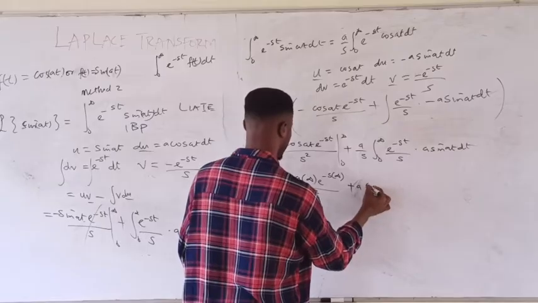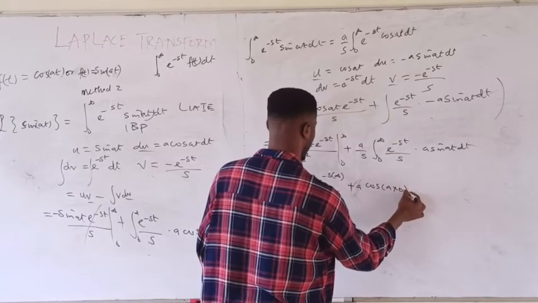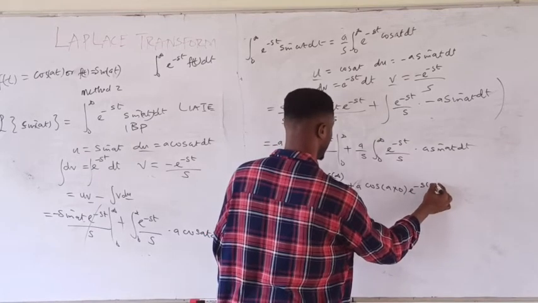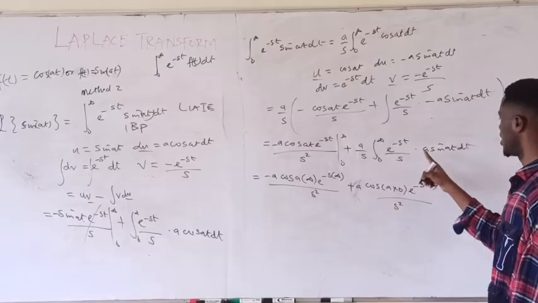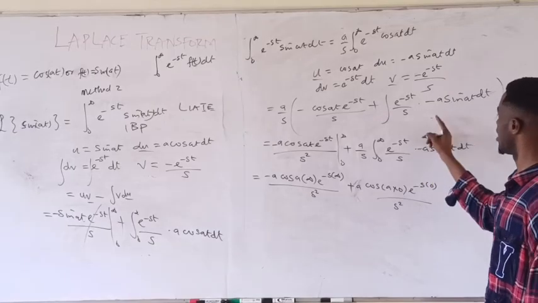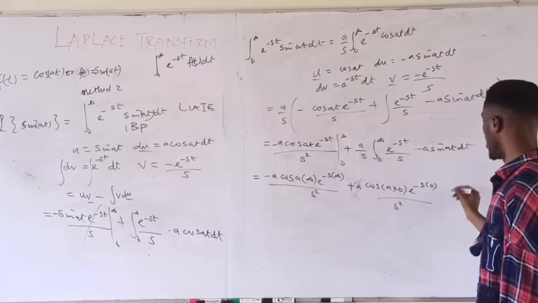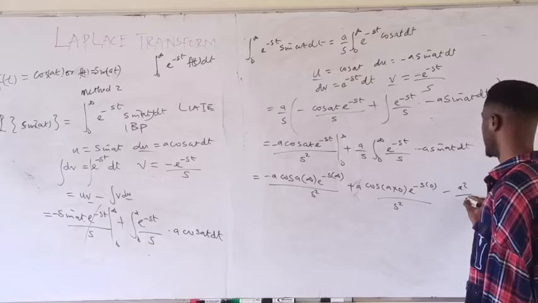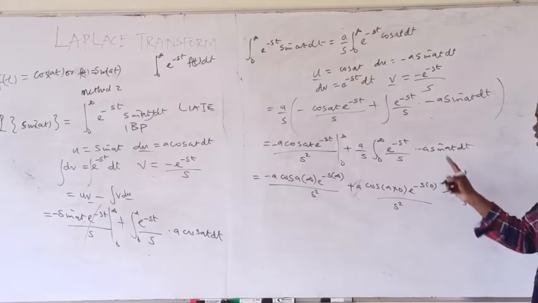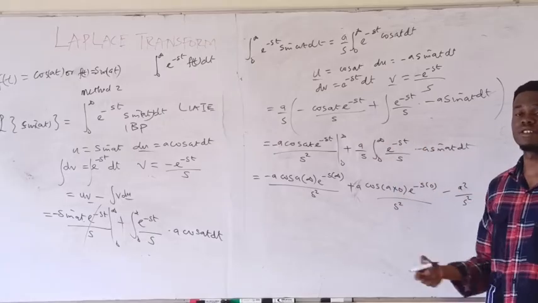a cosine of a multiplied by 0, exponential of minus s into 0 divided by s squared, right? Plus, okay, I have a negative here, so the negative comes outside. So I'm going to have minus a squared over s squared, because s into s gives me s squared and a into a gives me a squared.